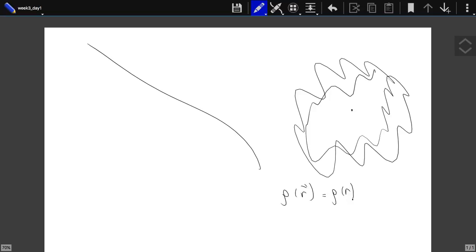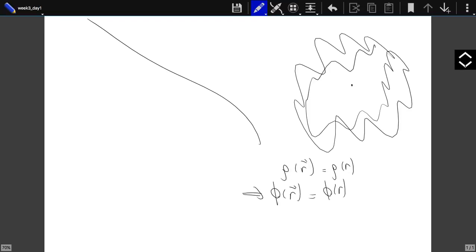But if the charge distribution is a function of the radial distance only, everything is rotationally symmetric, this basically implies that the potential is radially symmetric. So this is the simplest model that you can think of. And in your book, there is a concrete model. Now, of course, we will eventually be putting these atoms in an electric field.